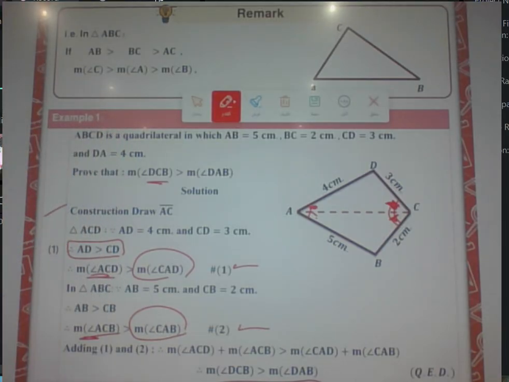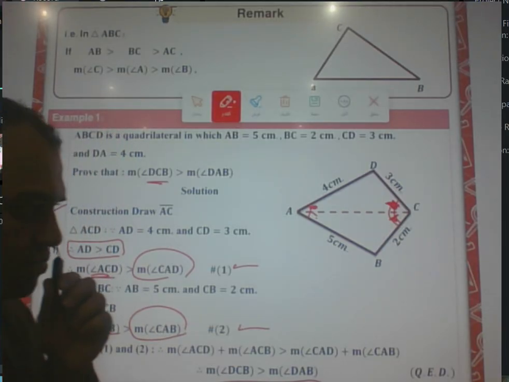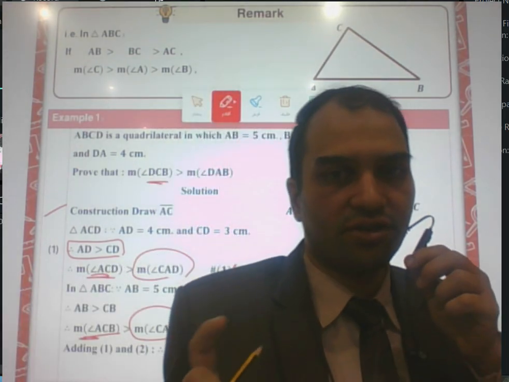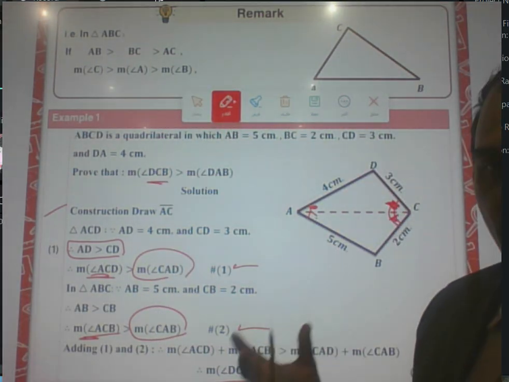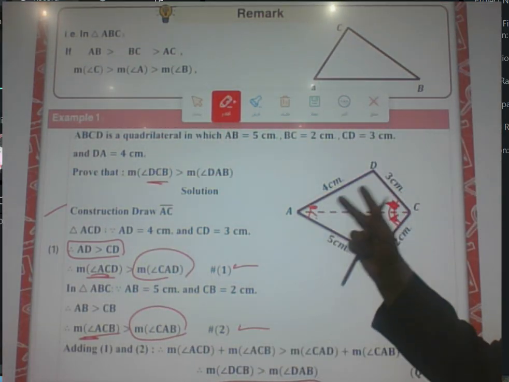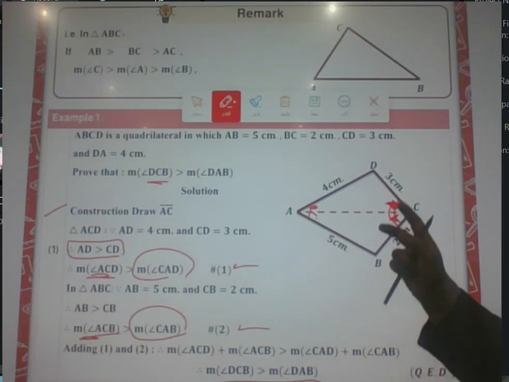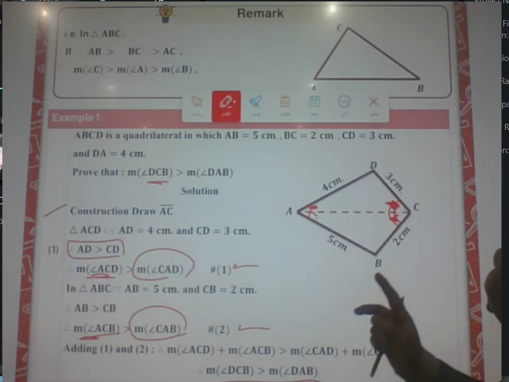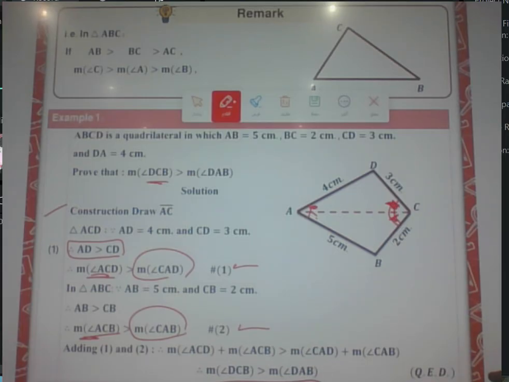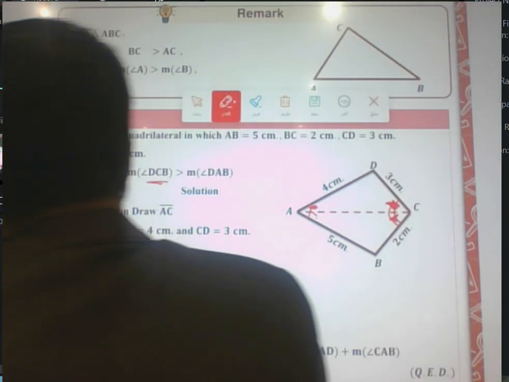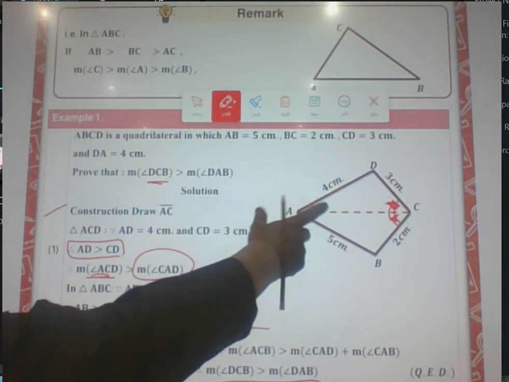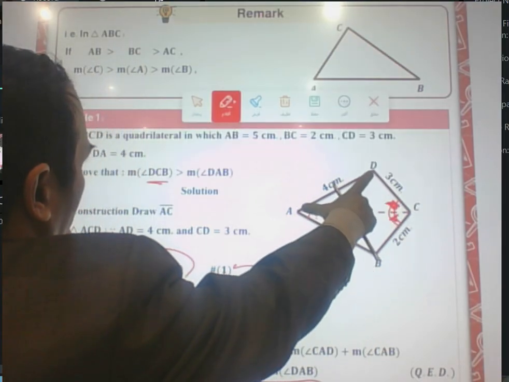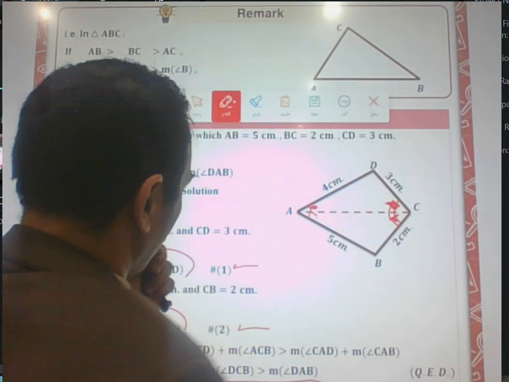So you can divide the figure into two parts, the first triangle and the other triangle, and compare the two sides in each one. And we have here the inequality relation, because in any triangle, if we have inequality of sides, the greatest side is opposite the greatest angle.